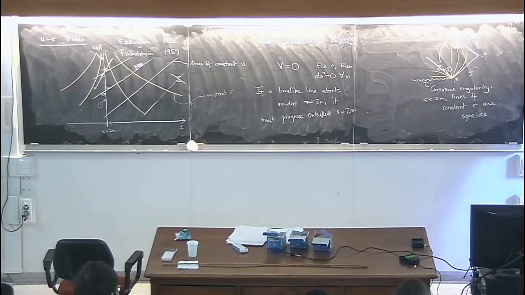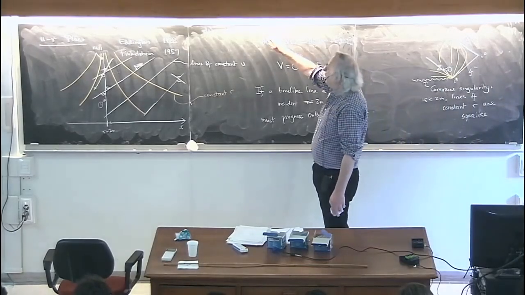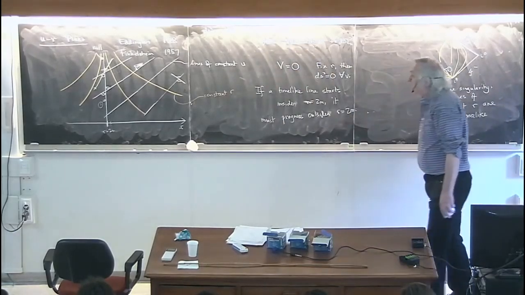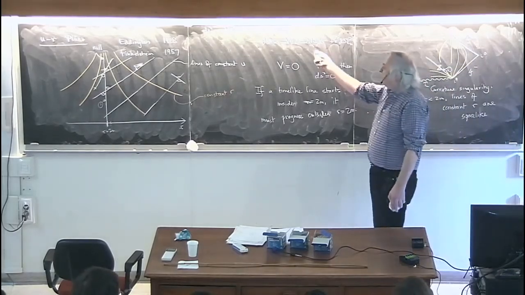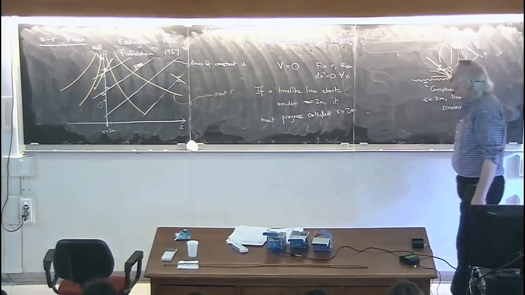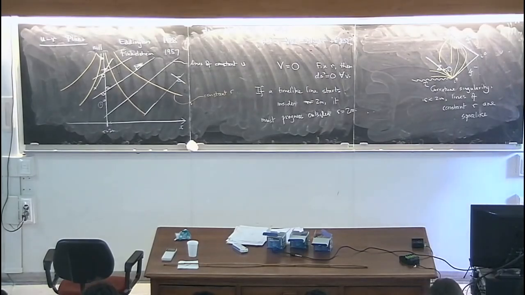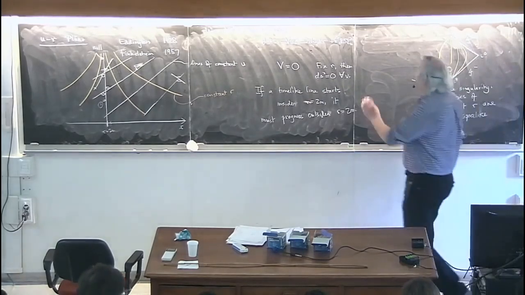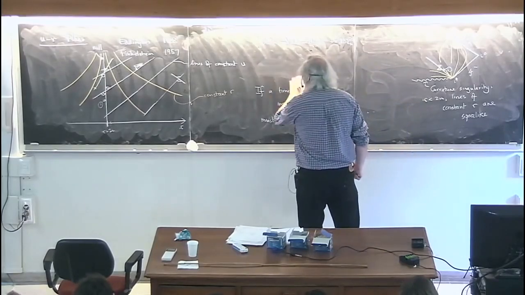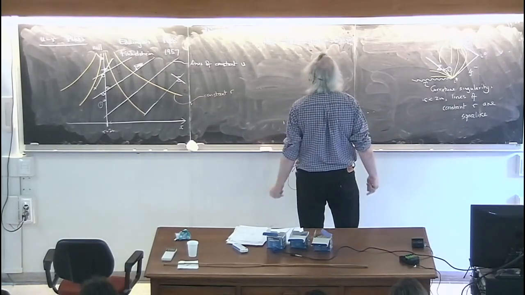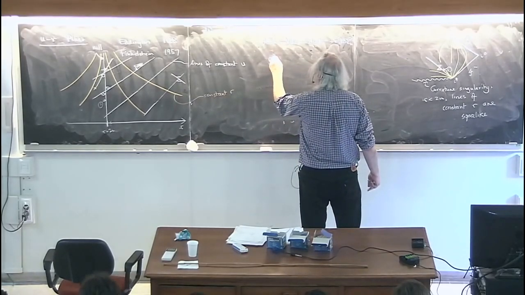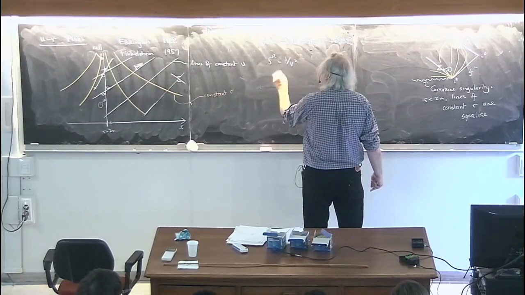Now, one obviously bizarre thing about this is that this metric here, it's static, and therefore, if you send t to minus t, it doesn't change at all, whereas there is no time reversal invariance of this picture, so you know that you have missed something out. And it's kind of obvious what one has missed out. We derived that f prime squared was equal to 1 over v squared. So in actual fact, f prime is plus or minus 1 over v.